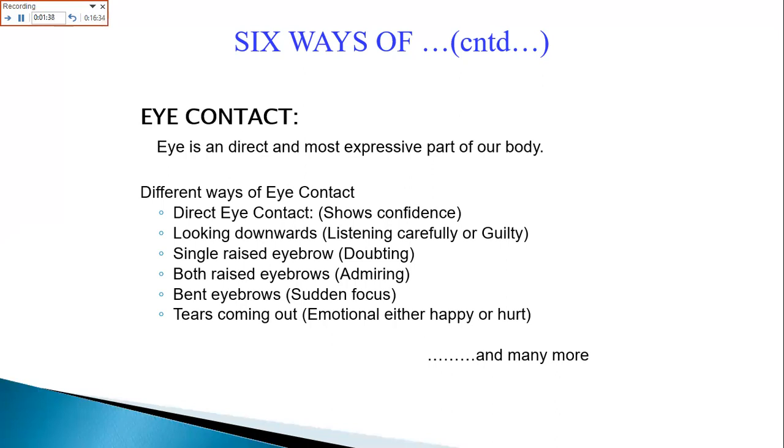Bent eyebrows, it shows sudden focus. When we focus on some important or some highlighted point, we do sudden focus on that particular point. Tears coming out, it shows the emotional, either happy or hurt, and many more.